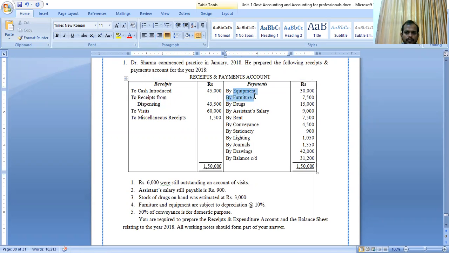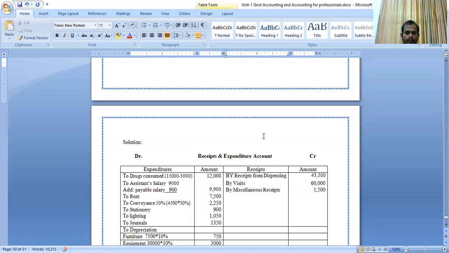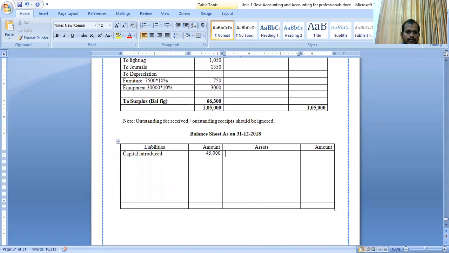After deducting the depreciation, we have to mention the final balance. Furniture 7,500 minus 750, and equipment 30,000 minus 3,000. So 27,000 is the final balance of equipment, and 6,750 is the final balance of furniture.